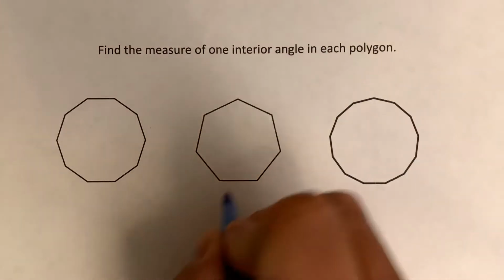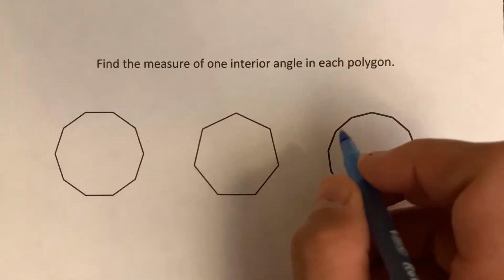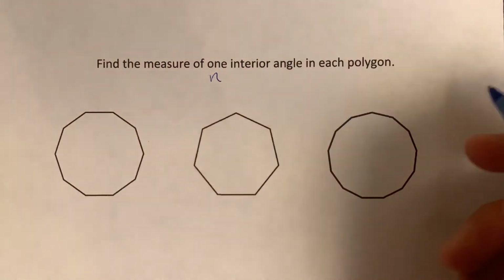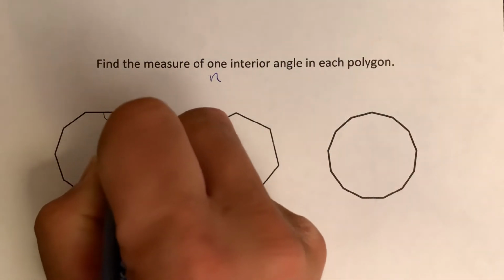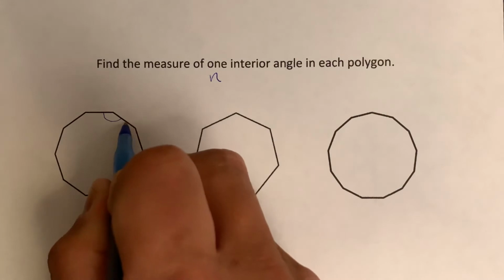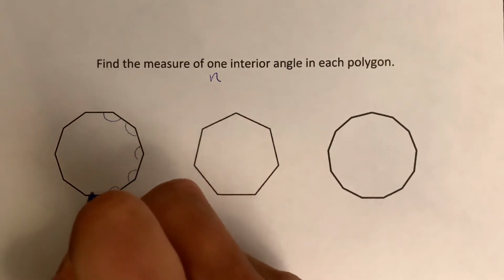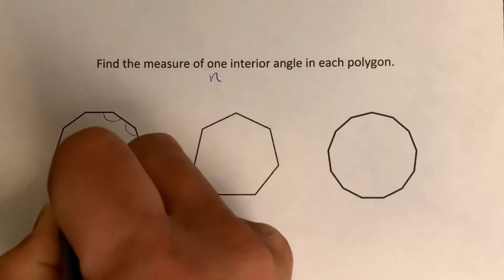The formula is simple. I'll put it on top here. To find the sum of all the interior angles, when I'm talking about interior angles, I'm talking about these. That's an interior angle, that's one, and they're all the same because this is a regular polygon.